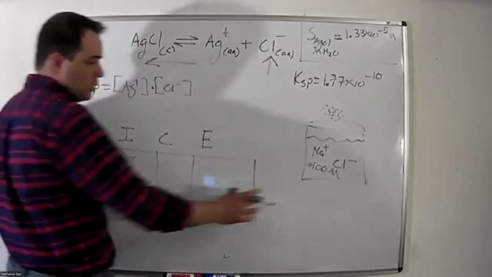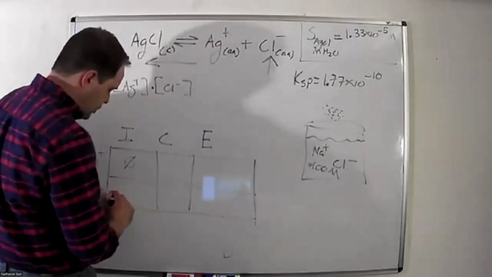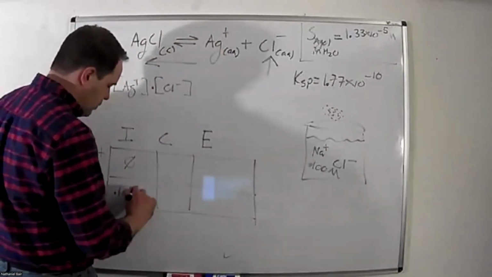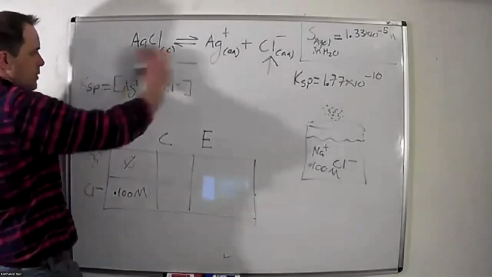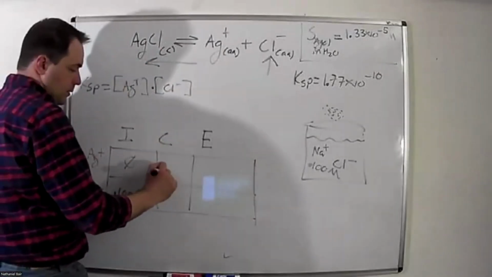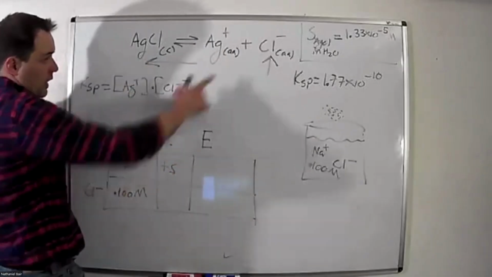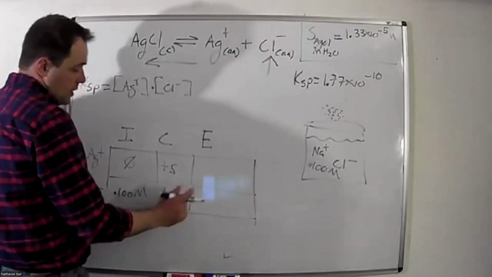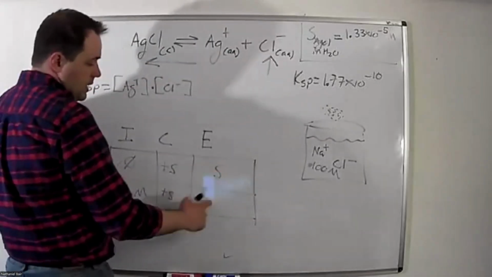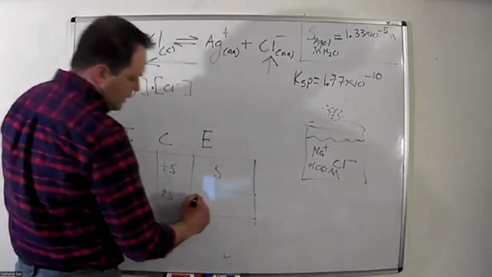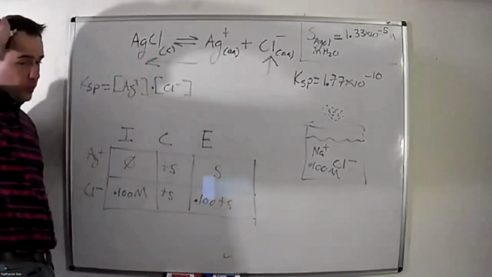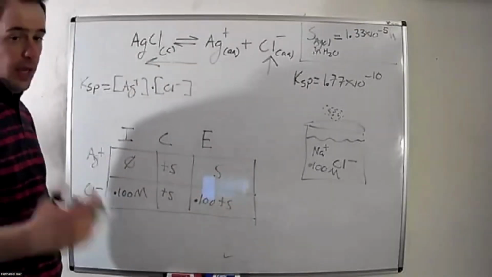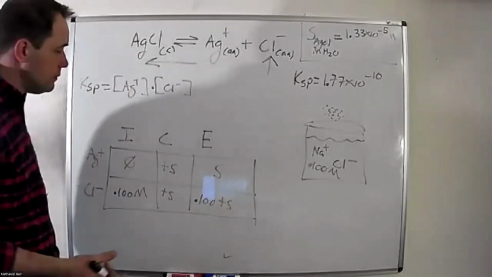But we do have an initial amount of chloride. It is 0.100 molar in chloride. When this dissolves, the silver still goes up by some amount S, and the chloride still goes up by some amount S. But now what's different is my E column for the chloride is now 0.100 plus S, because I had an initial chloride ion concentration in there. I had a common ion.